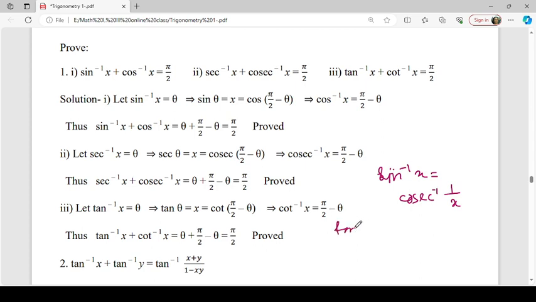So tan inverse x equal to theta implies tan theta is equal to x, which implies cot theta is equal to 1 by x, 1 by tan theta. So cot inverse 1 by x is theta. So we can write tan inverse x is equal to cot inverse 1 by x.